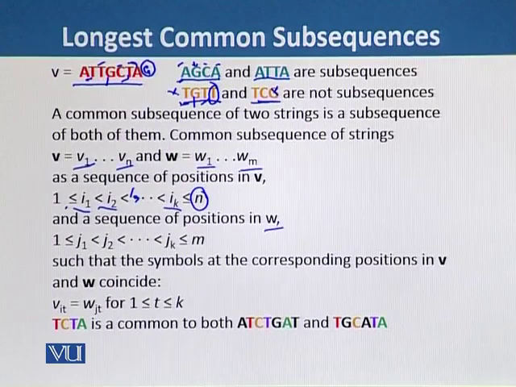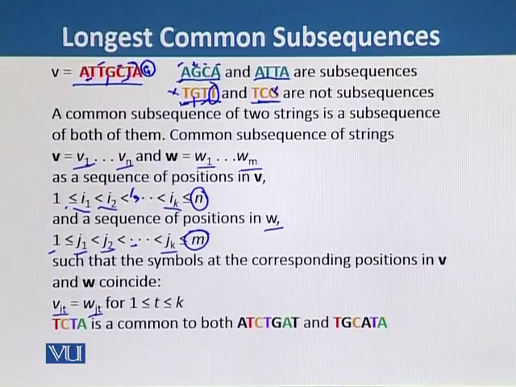Similarly for W, 1 should be less than or equal to j1, j1 less than j2, j3 and so on up to jk, and jk should be less than or equal to m, such that the symbols at the corresponding positions in V and W coincide and are equal. So V at it should be equal to W at jt.